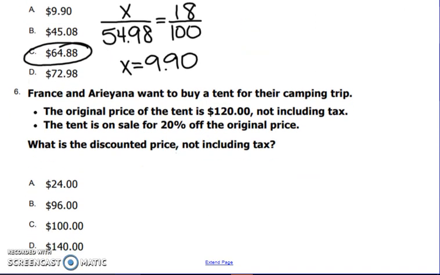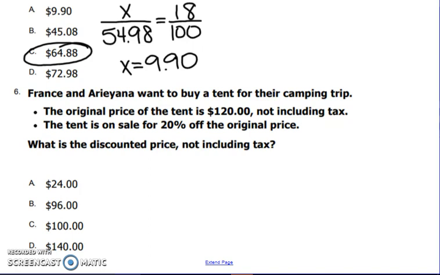Francis and Ariana want to buy a tent for their camping trip. The original price of the tent was $120, which does not include tax. The tent is on sale for 20% off the original price. What is the discounted price, which doesn't include tax? So again, guys, let's set up that proportion. I know you can set this proportion up.